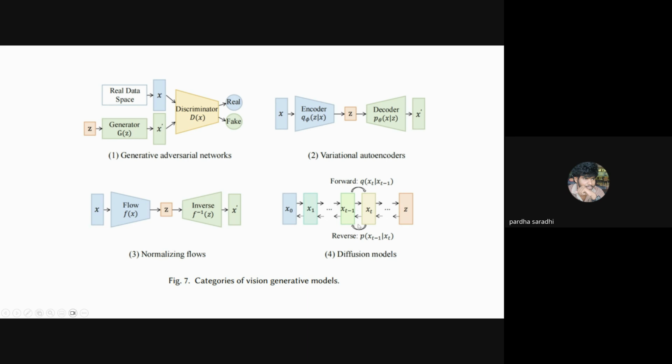So if someone wants to do research on reliability and high resolution images, diffusion models are one area people can target.